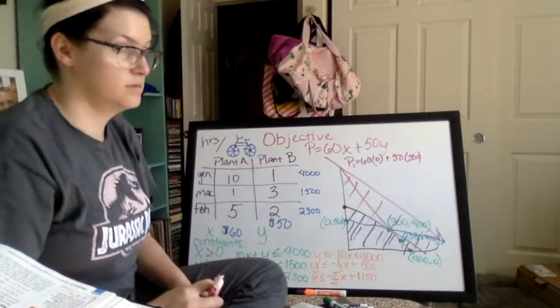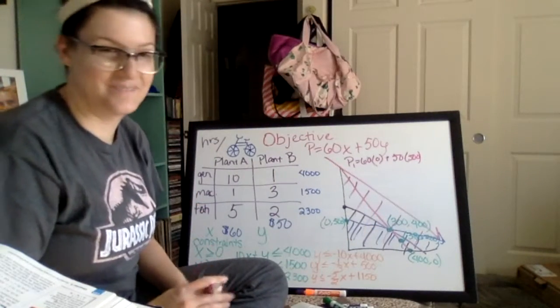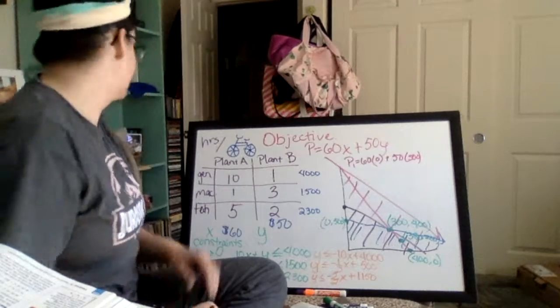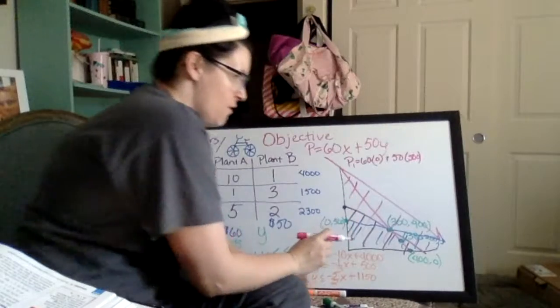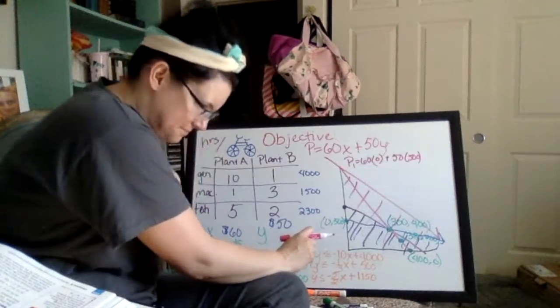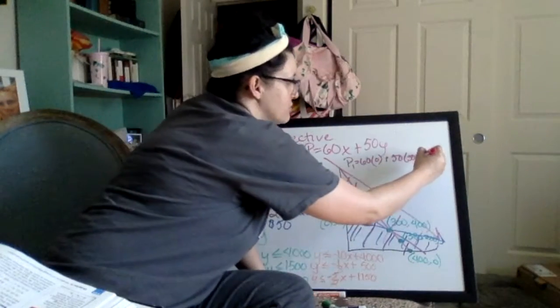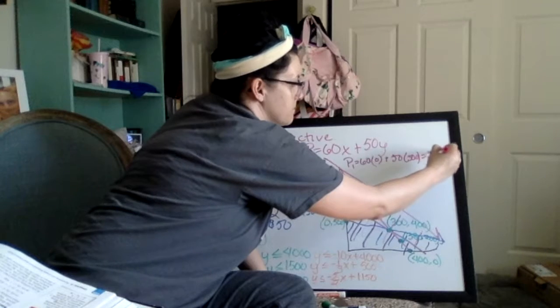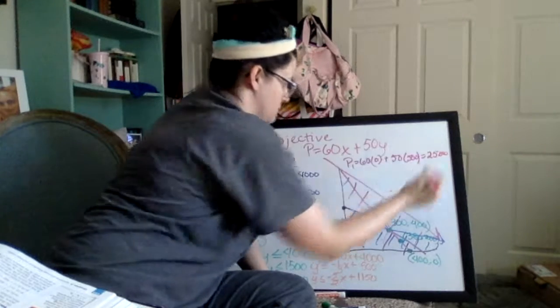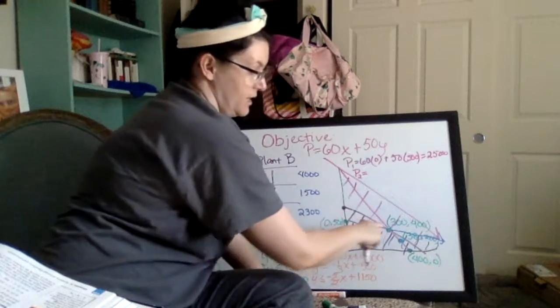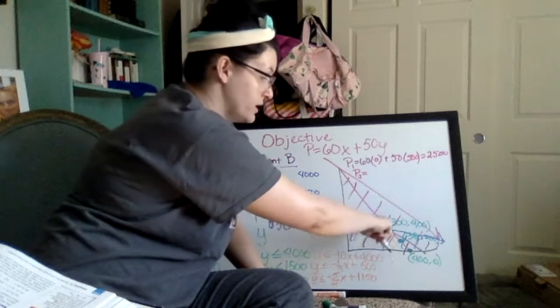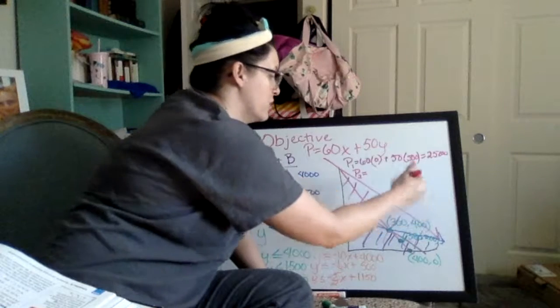So, I don't have a calculator up here. That was responsible. Okay. So that comes out to be 25,000. Profit 2 is these 2 x coordinates here, 300 and 400.